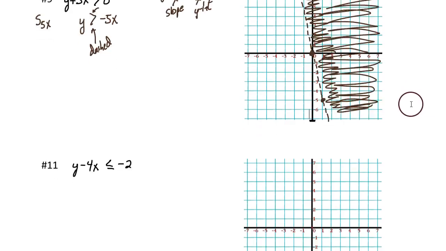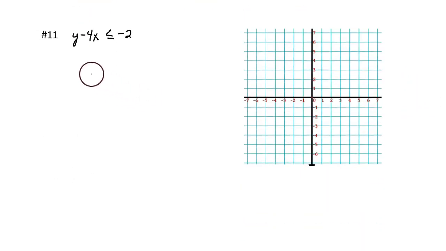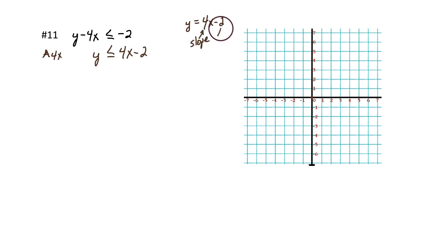Number 11. Again, it would help us if this was slope-intercept form. So let's add 4x to both sides to get the letter y alone. This is like the equation y equals 4x minus 2, where this number is the slope and this number on the end is the y-intercept.